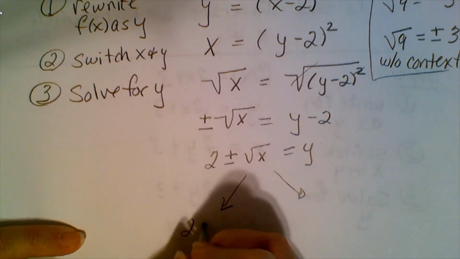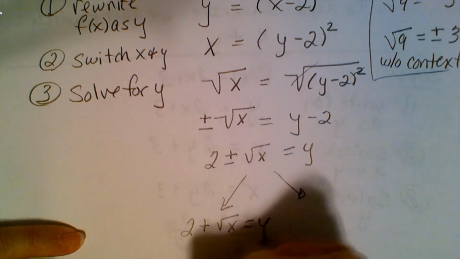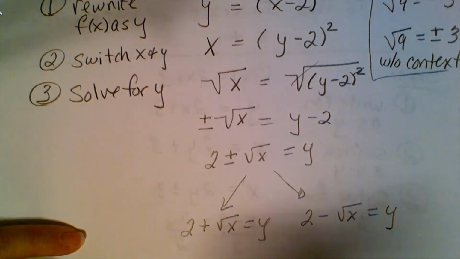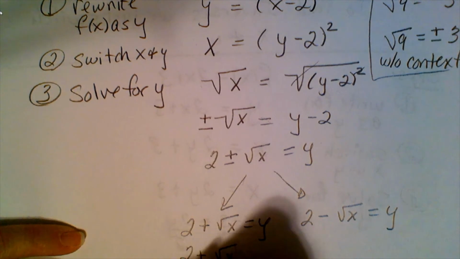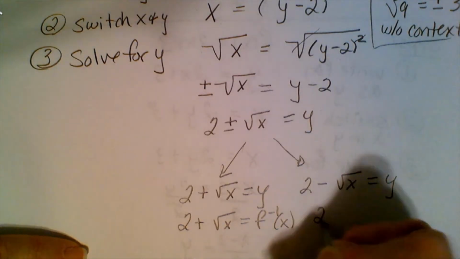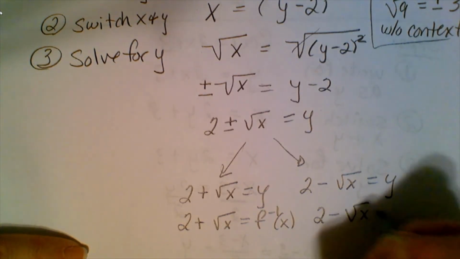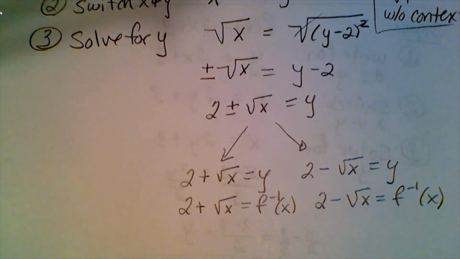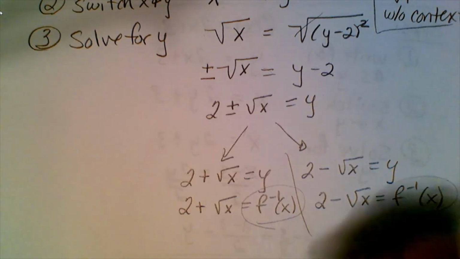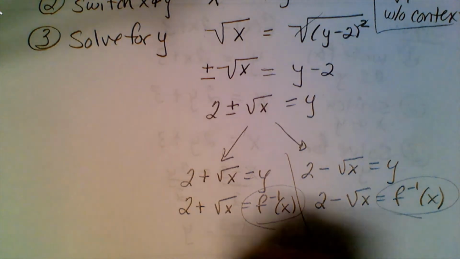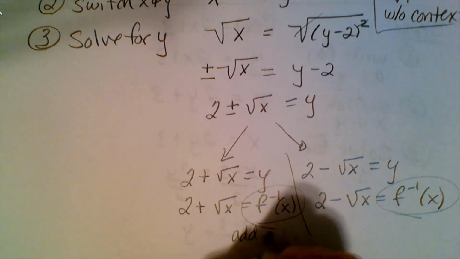I will either have 2 plus the square root of x, which is equal to y, or I will have 2 minus the square root of x, which is equal to y. And that's because this function is not one-to-one. So the inverse is not a function, and that's being displayed right here. Because the only way we can actually write this is if we add domain restrictions.